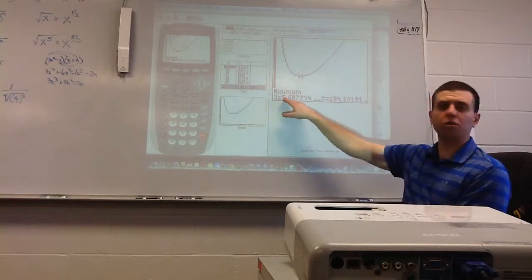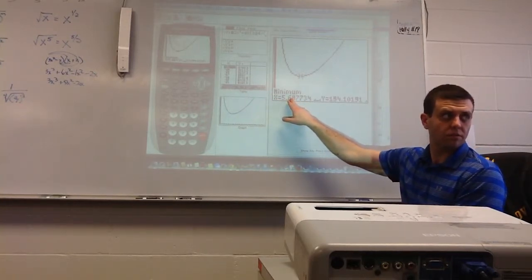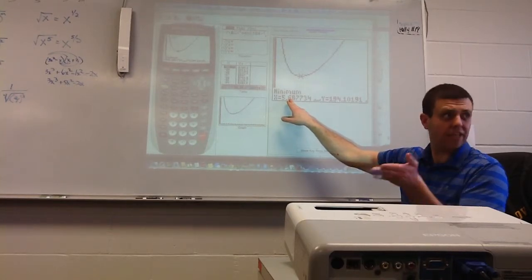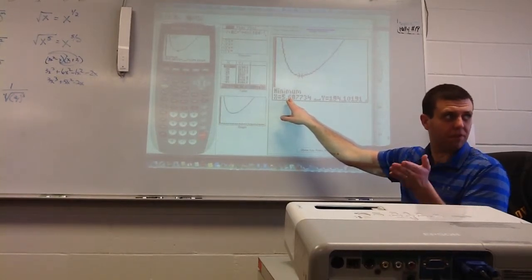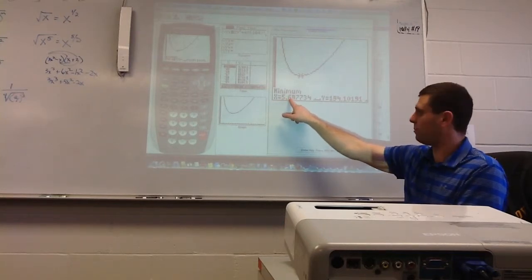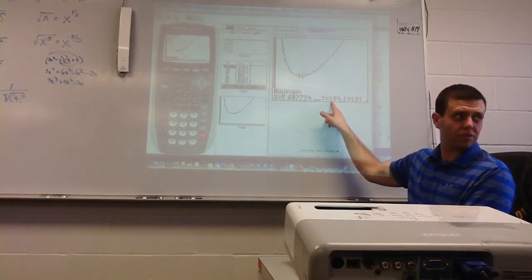What does the x value represent again in our picture? Look at your picture. X was the length of one of the dimensions of the bottom of the box. And then what did y represent in our equation?